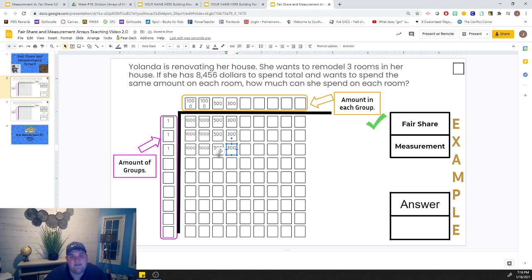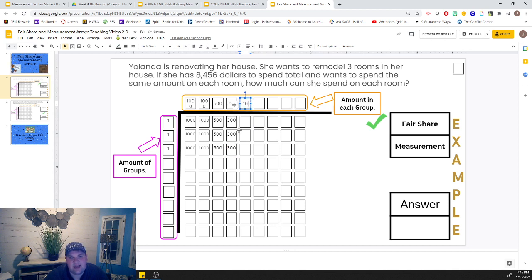Because I had 7,500, now I have 7,800, 8,100, 8,400. So now I have $8,400 in here, and then each room is going to get 2,800. So I need to get 56 more dollars in my array.